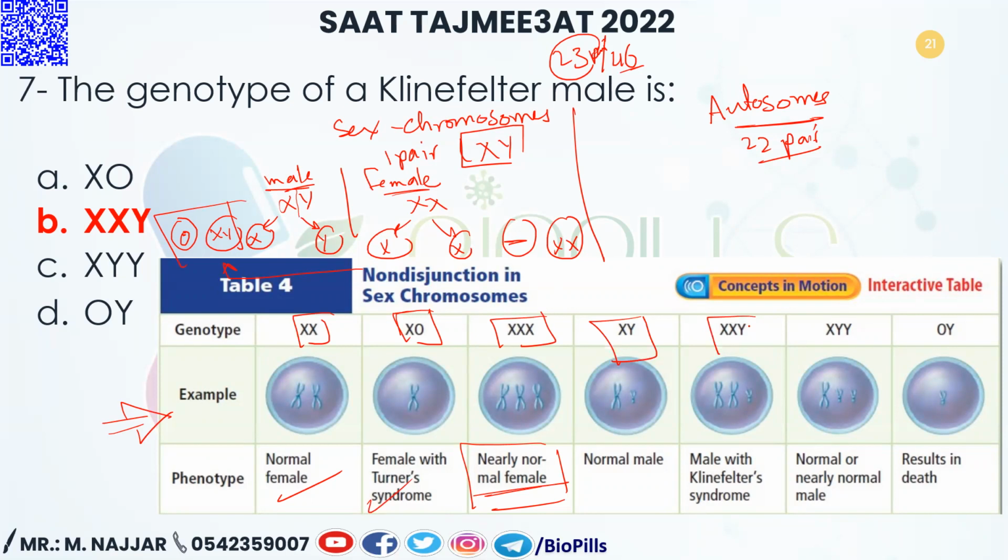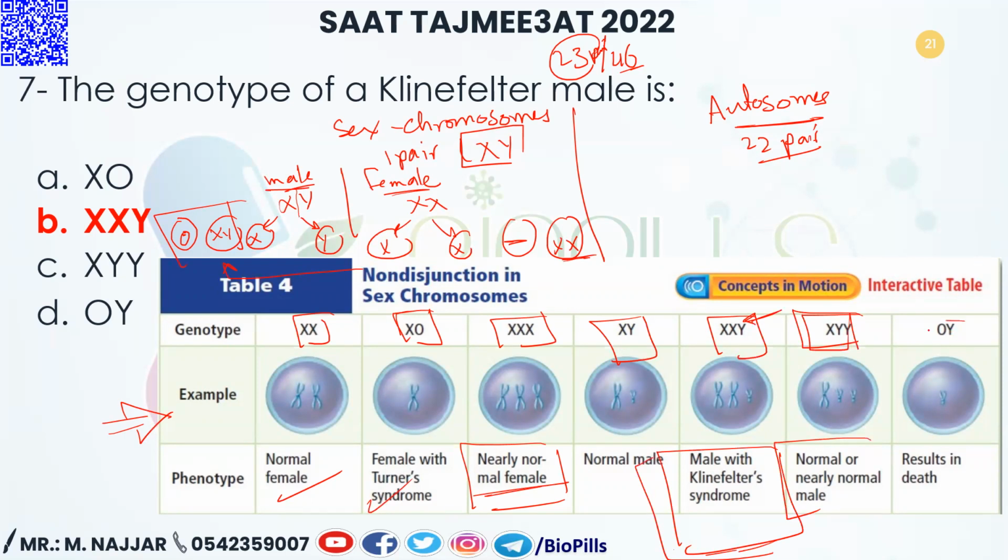XXY: if the same egg that has 2 copies of X chromosome is fertilized by a sperm with a Y chromosome, it will form XXY, and here is the male Klinefelter syndrome, the point that we are talking about here. And we have XYY. It's very rare, but it is a nearly normal male, a male with excess male characteristics.